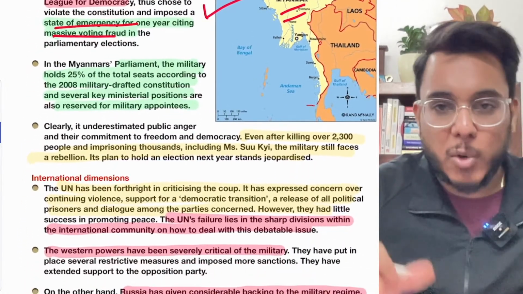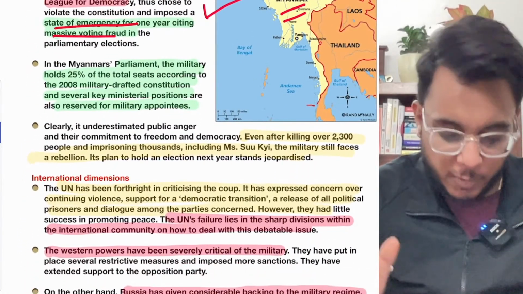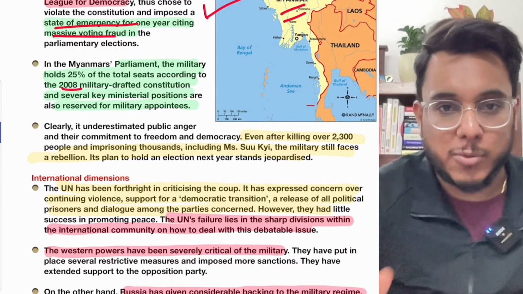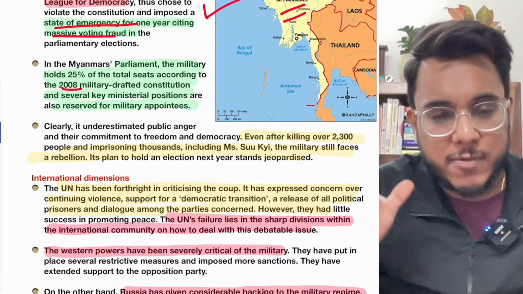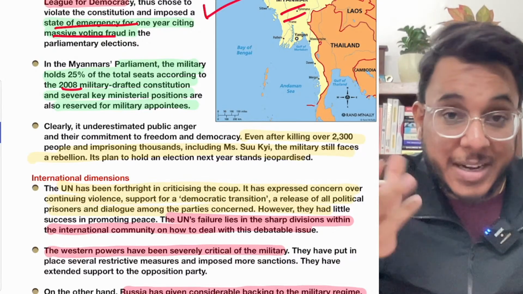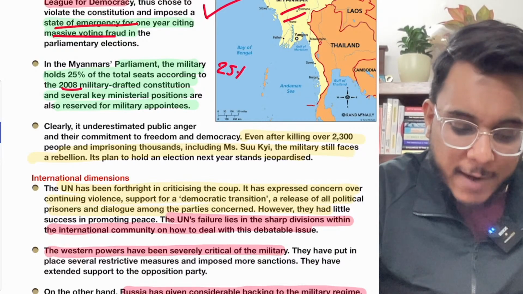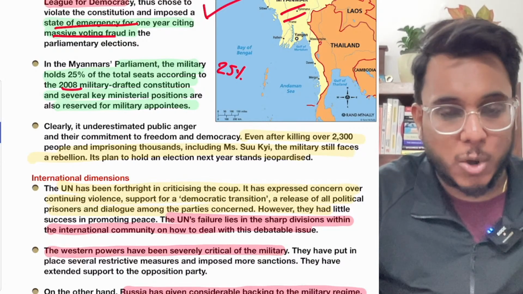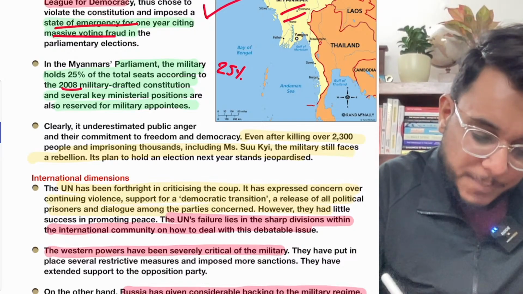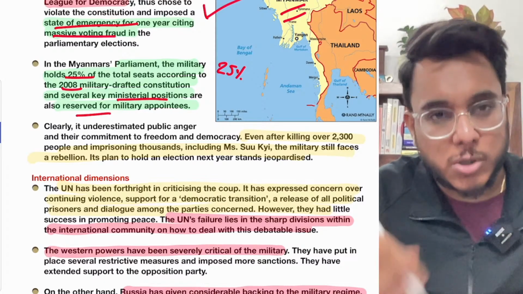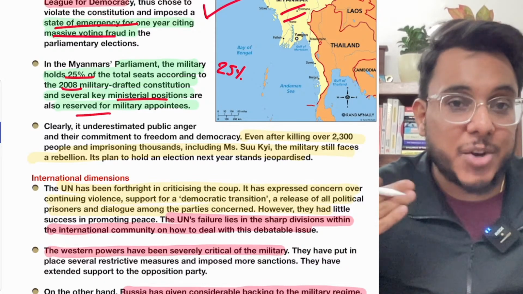Now, Myanmar's latest constitution, which was framed in 2008, has already given considerable power to the military in political matters. Actually, 25% of the seats in the parliament of Myanmar are held by the military, and many ministerial positions are also reserved for military appointees.